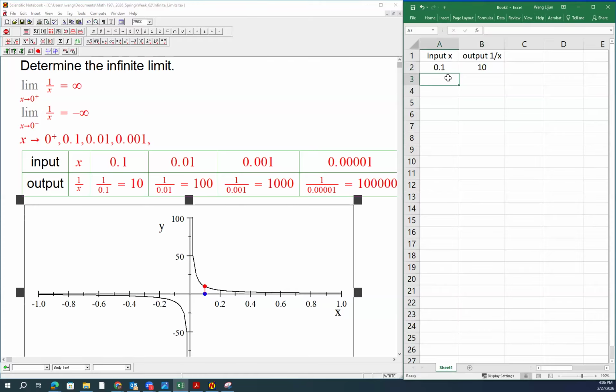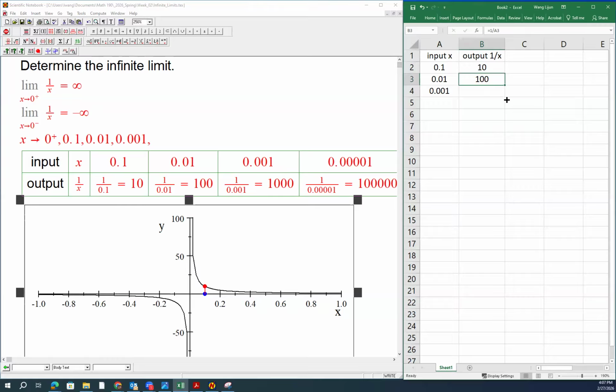If x is getting closer to 0 yet, we get 0.01. 0.01 certainly is closer to 0, and its output is going to be 100. And if we get another smaller number, the output will be 1,000, right?